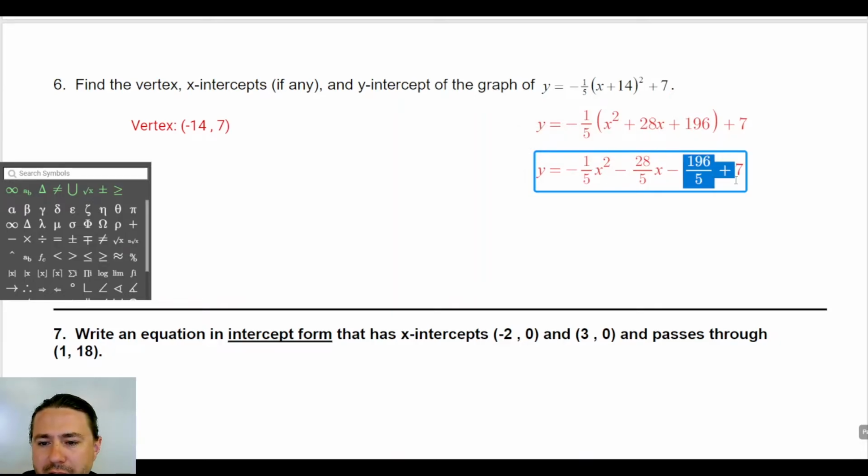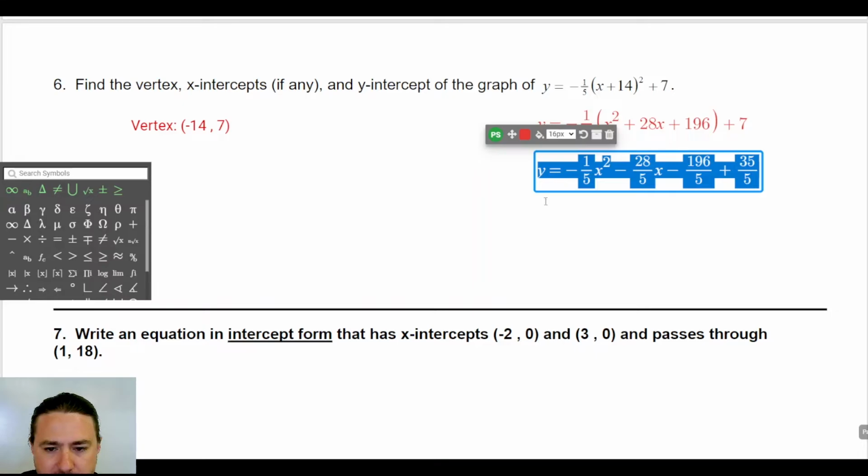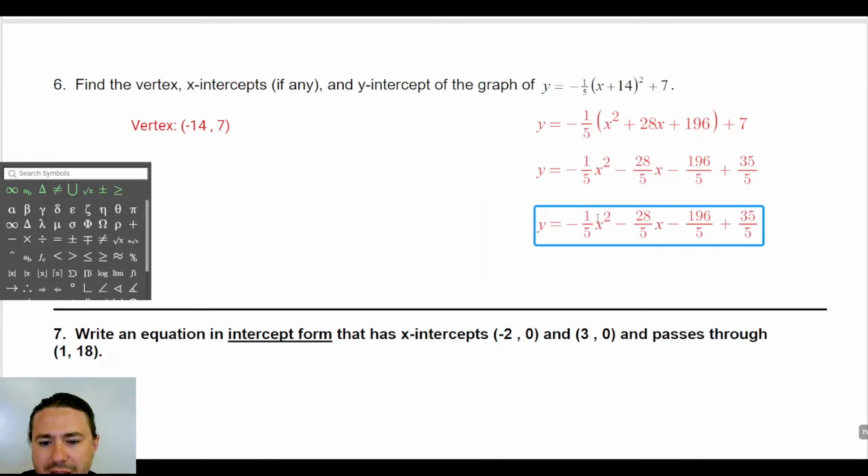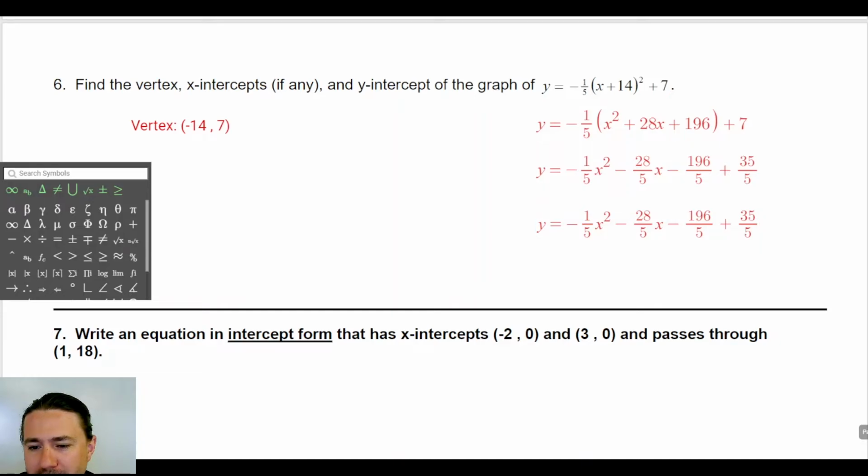So I want to combine these two like terms. If I need fifths, 7 times 5 is 35, so 35 over 5. The difference between 196 and 35 would be 161, I believe.